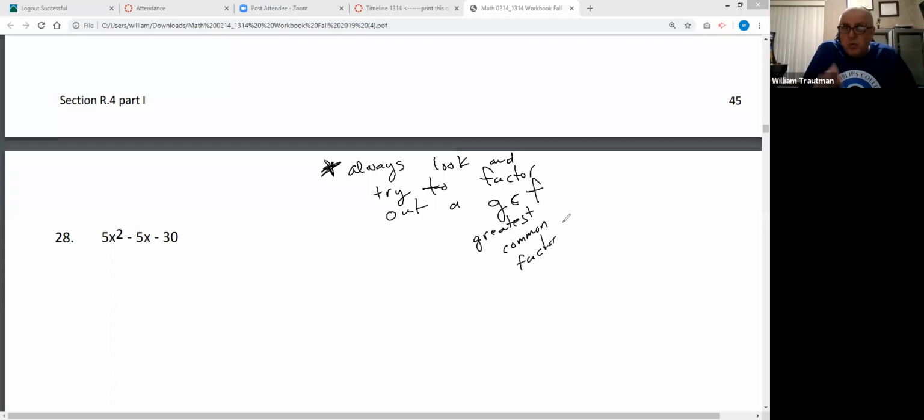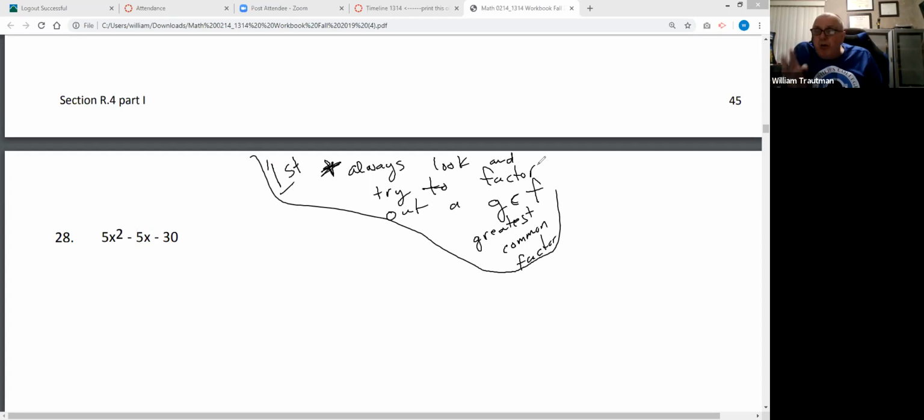That's the first step of all factoring. We haven't had to do it yet, but now I'm going to do it every time I factor a problem. Before I begin, I always look for a GCF. Every single problem. Look at these 3 terms. What number can I divide out of each term?